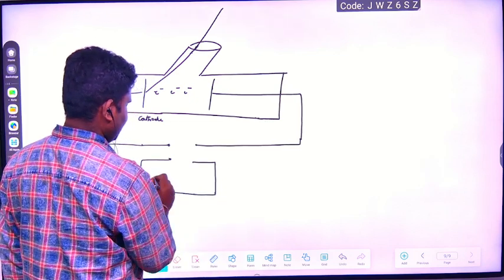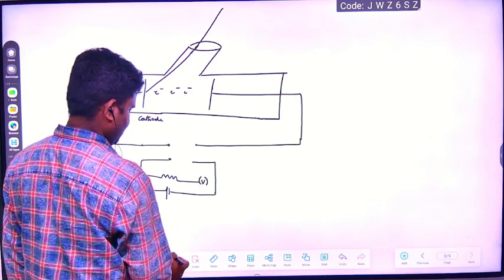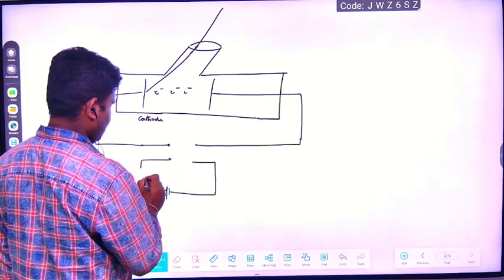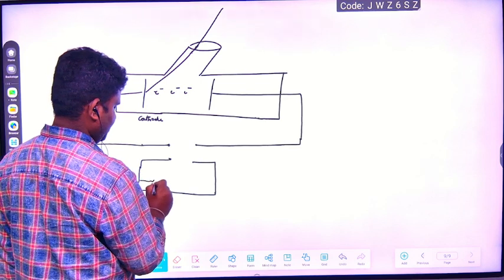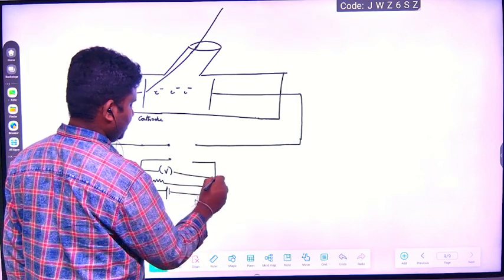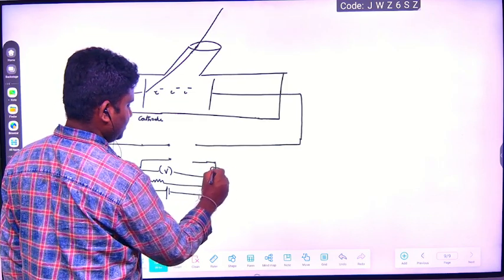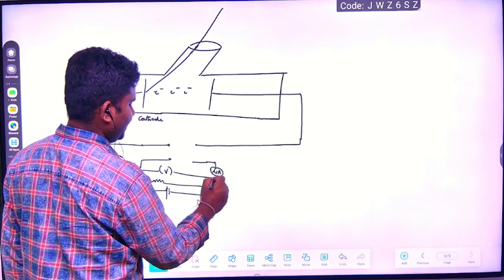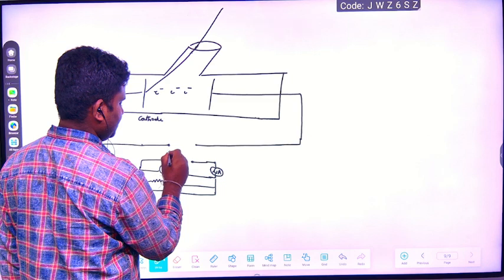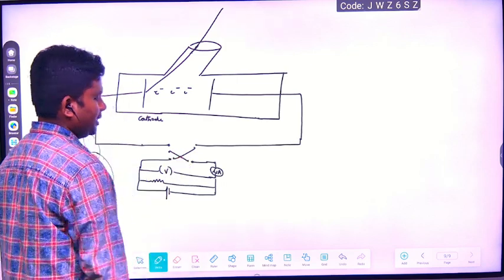There will be a resistor, a voltmeter, and one microammeter, correct?